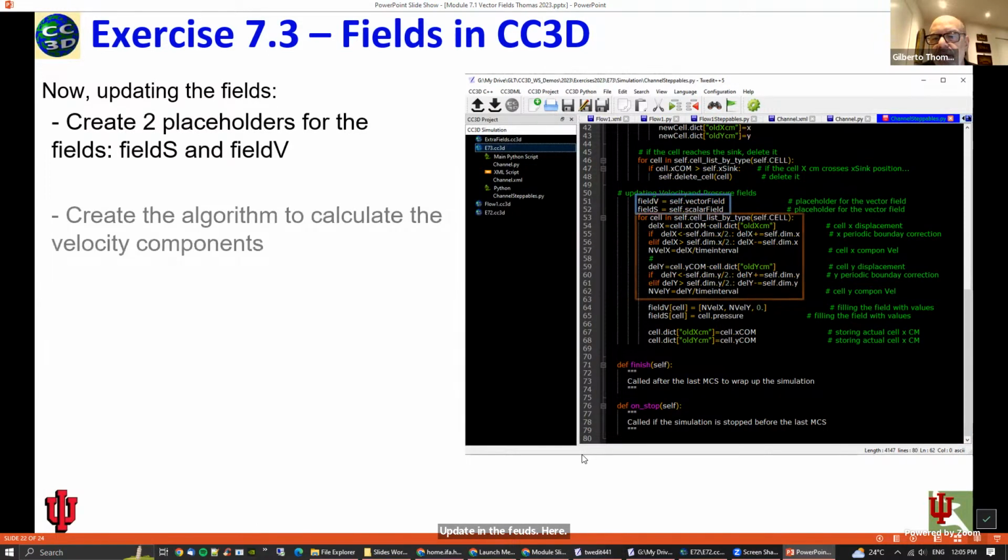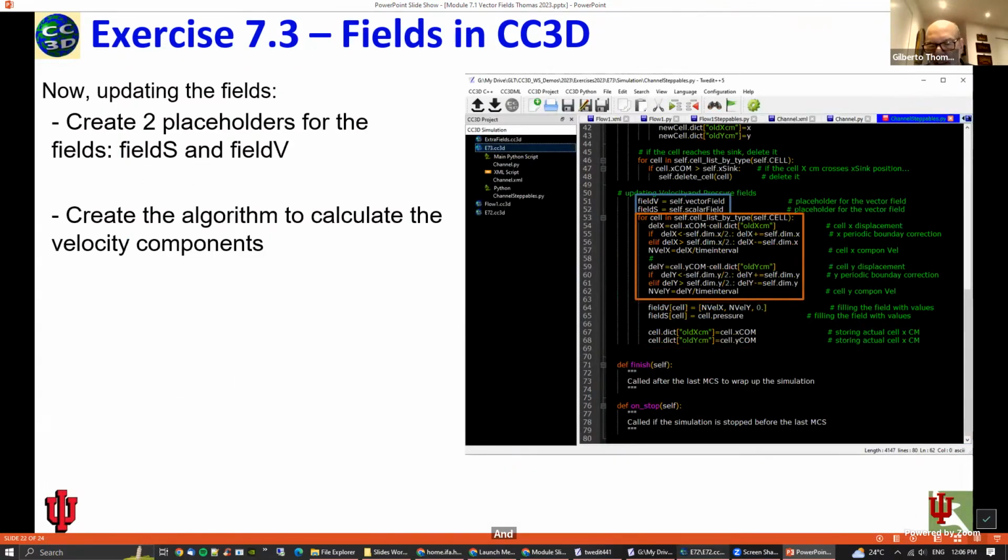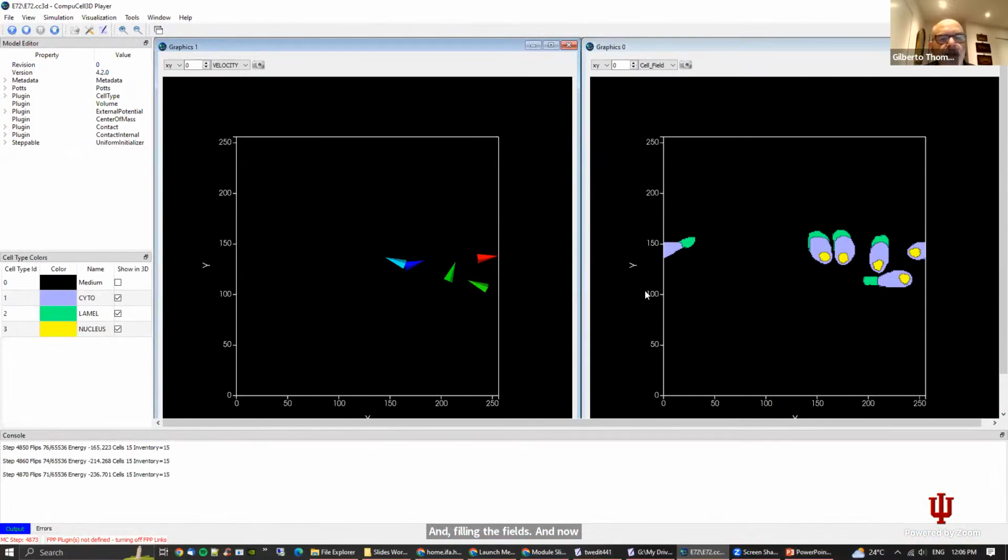See, field, algorithm, and filling the fields. And now let's see the simulation.